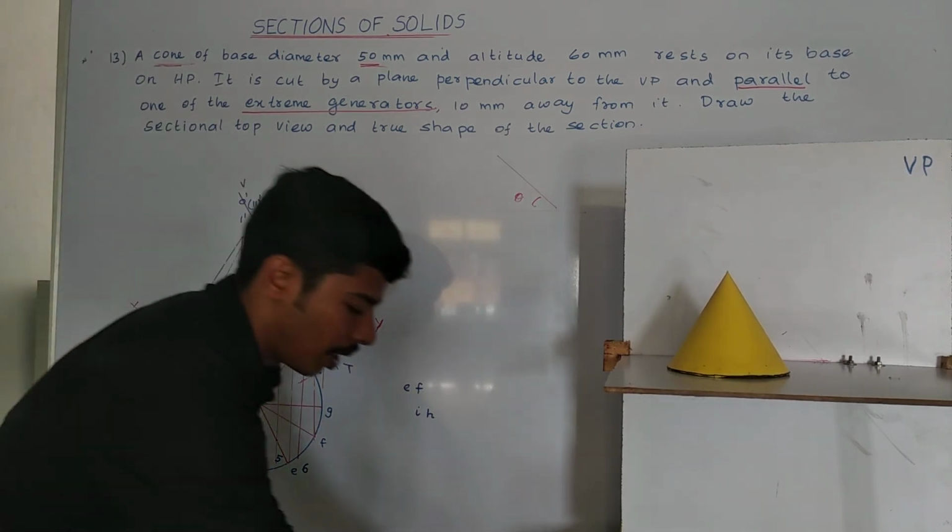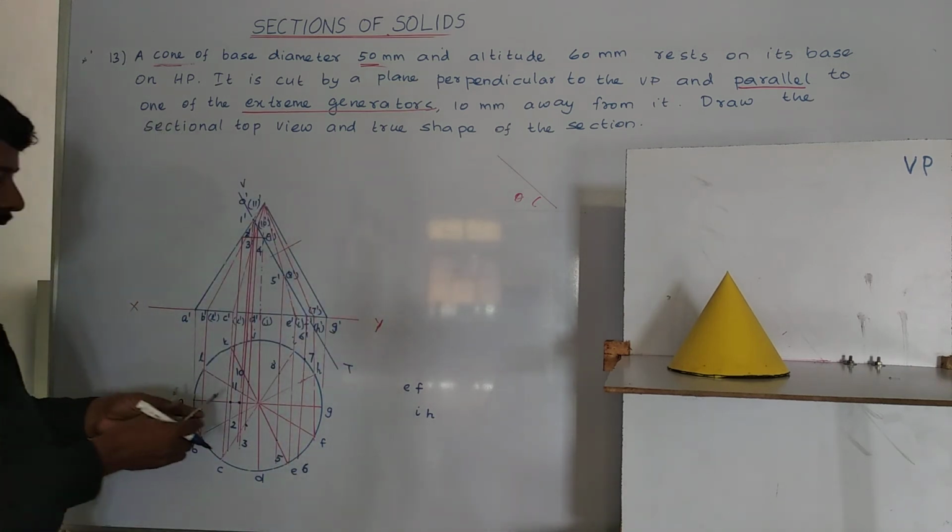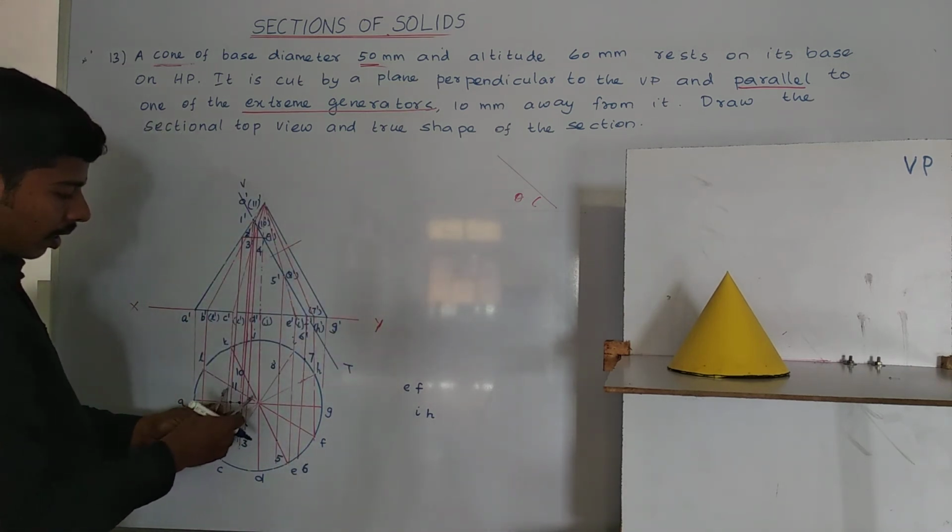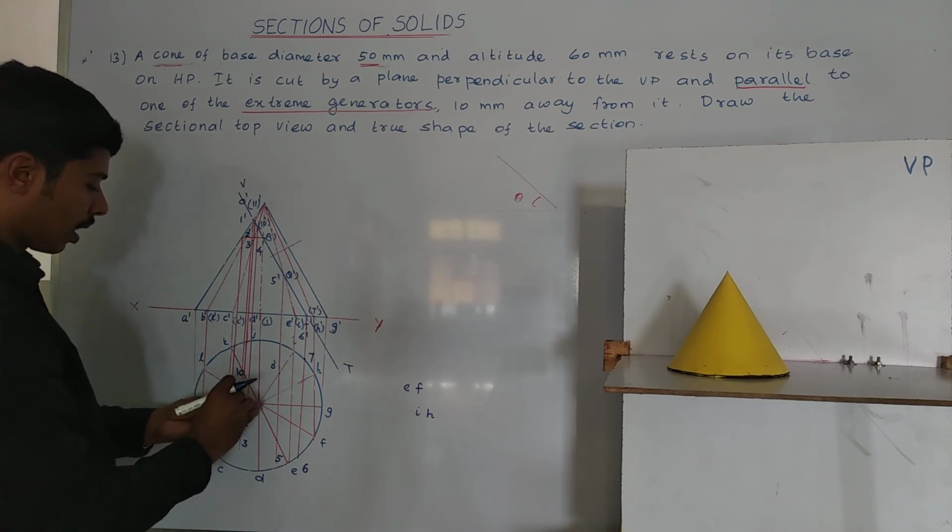Then what we have to do is draw a circle with O as center and this as radius.